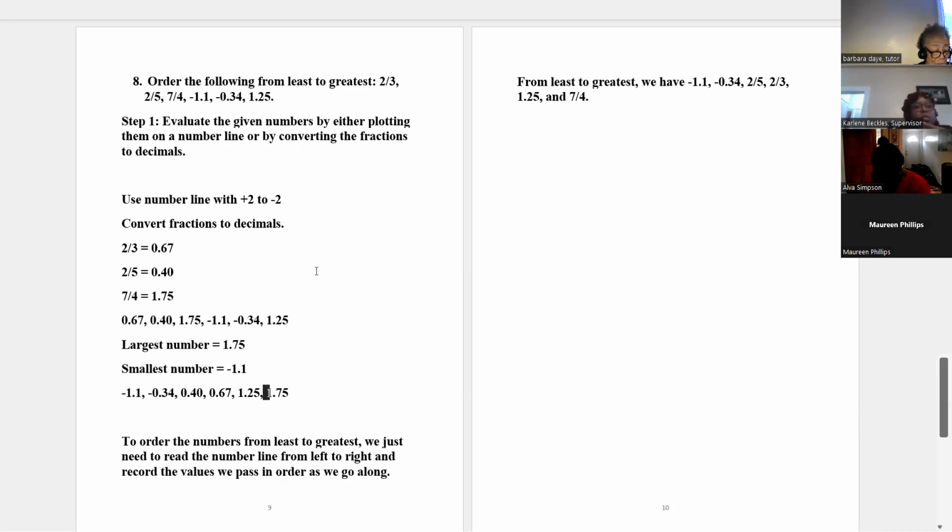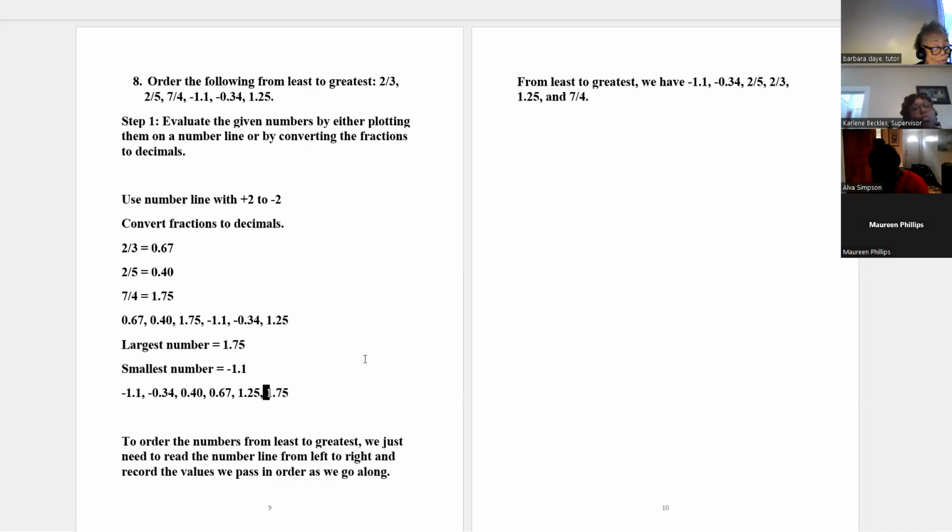But remember, if you have negative numbers, they will be first because they're the smallest. But the bigger the negative, the smaller it is. That's why minus 1.1 is smaller than minus 0.34. Questions?